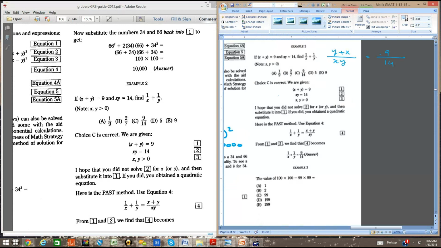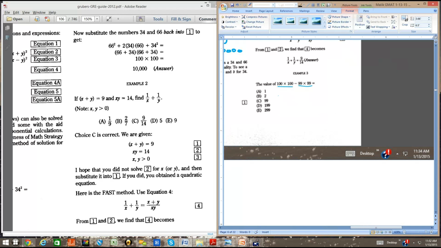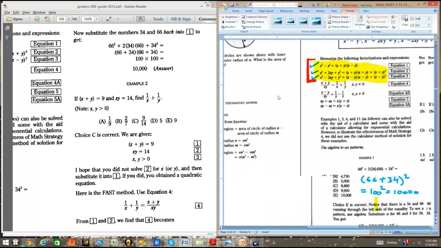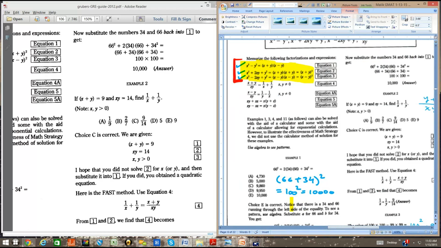And look at this one: 100 times 100 minus 99 times 99 at the bottom. This is also something you can do in your head. This is 100 squared minus 99 squared. That's one of the three formulas I told you to memorize: x squared minus y squared is x plus y times x minus y.